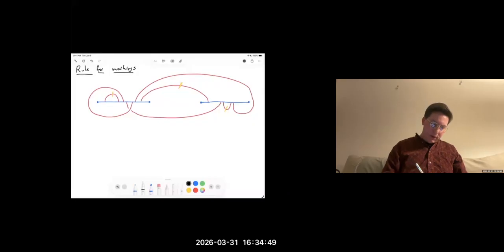So here's what the real rule is. This is where the embedding is going to come in: orient all 0 bones. Those are these guys right here.